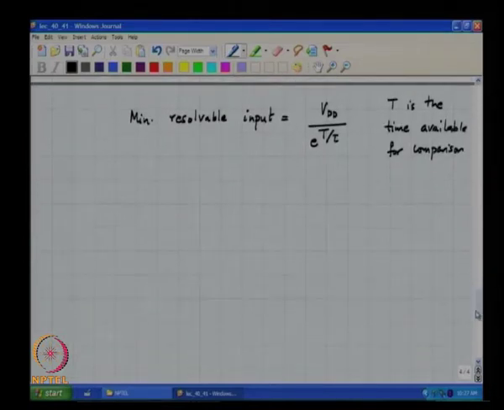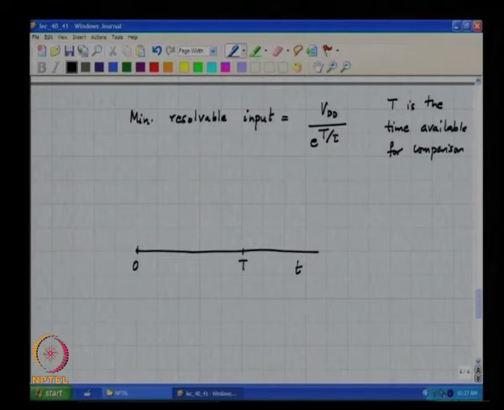Does that make sense? So, let us say this is the time available, capital T, and let us say this is VDD, right, and let us say the input started out here.